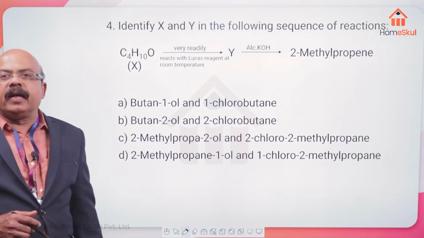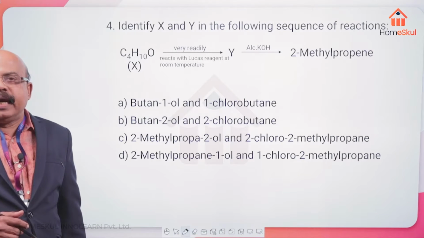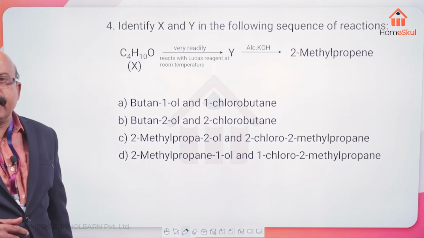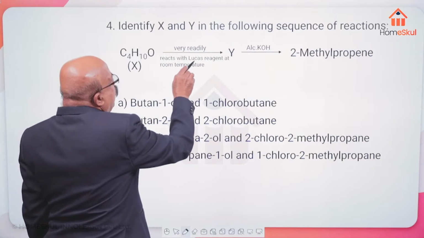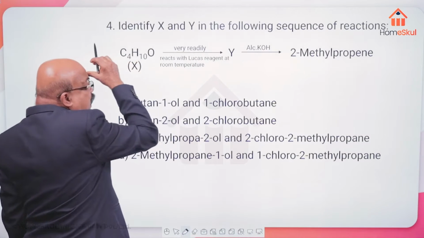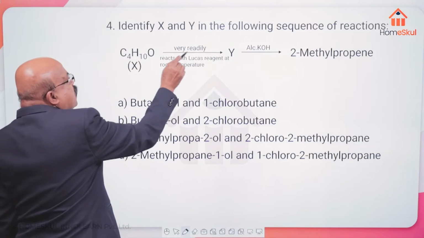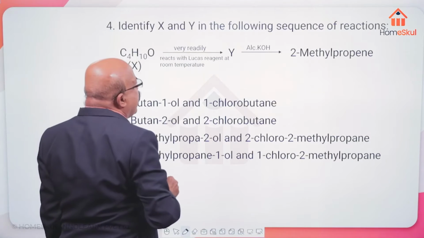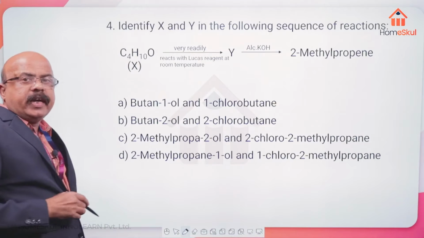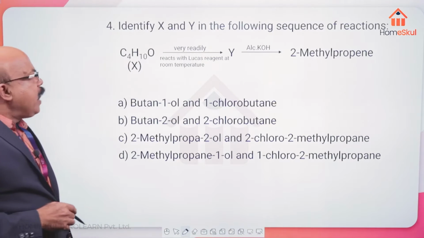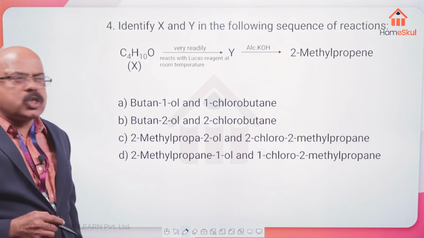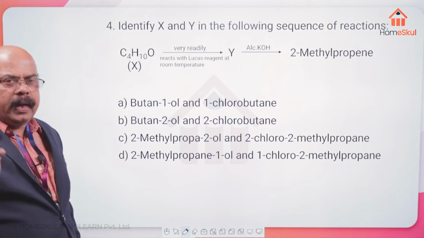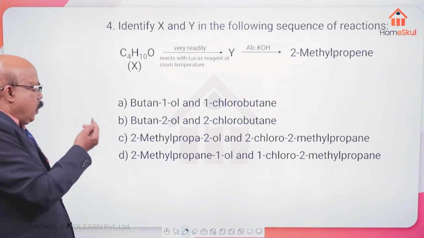You are provided with a compound C4H10O, denoted as X, that reacts very readily with the Lucas reagent at room temperature, giving a product Y. Y on treatment with alcoholic KOH produces 2-methylpropene.